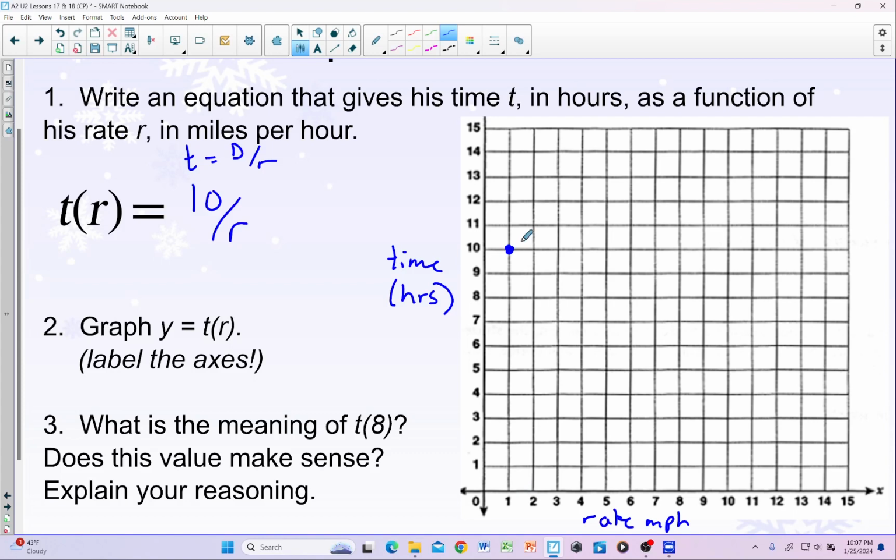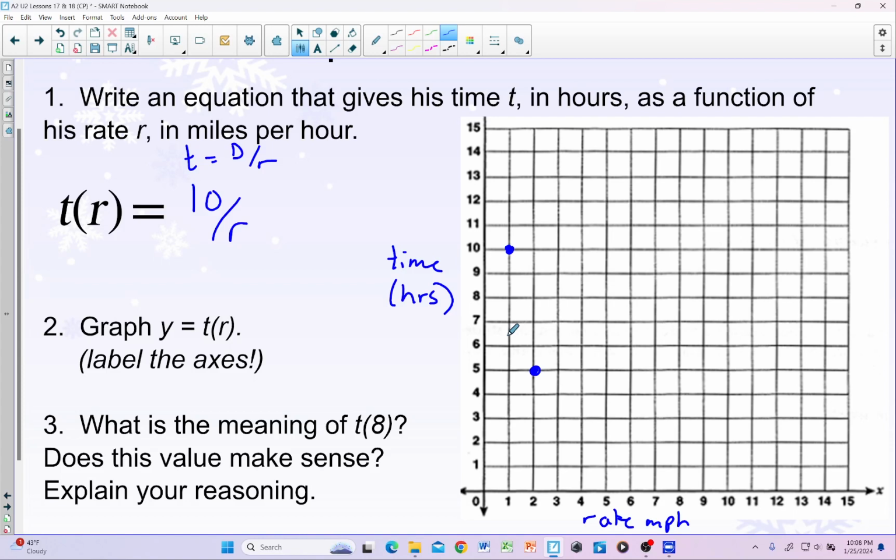I think you could too. Okay, how about 2? So 2, well, 10 divided by 2 is 5. Likewise, you can logically think that if you're going 10 miles and you're going 2 miles per hour, that's going to take you 5 hours to do.